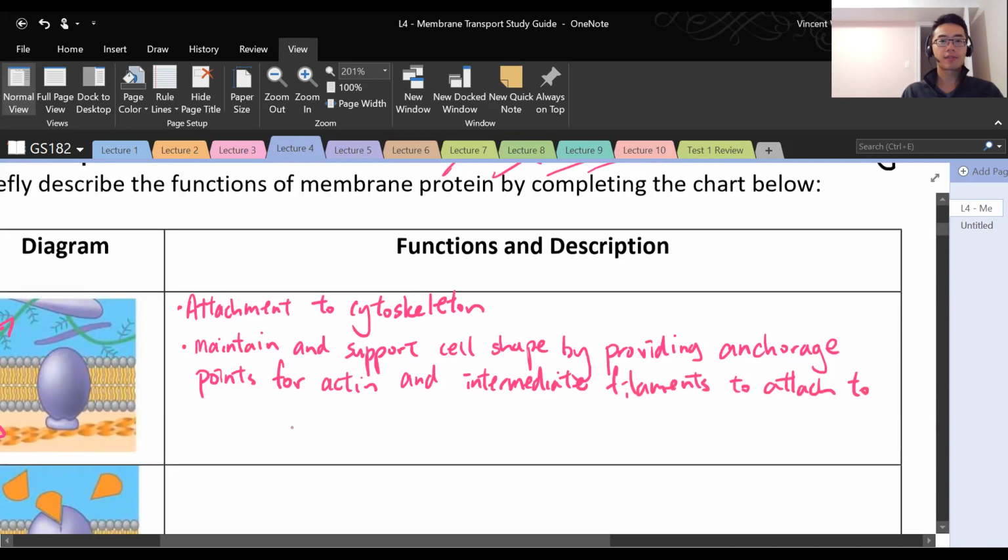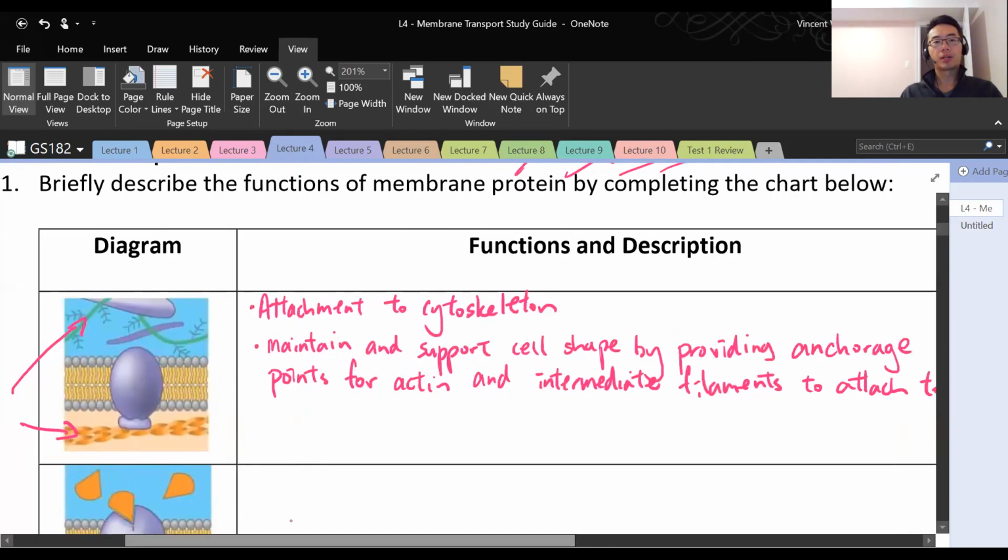Okay, so that's the first function associated with membrane proteins.